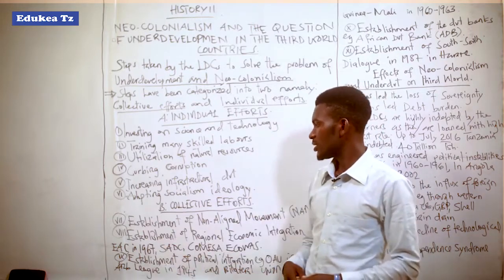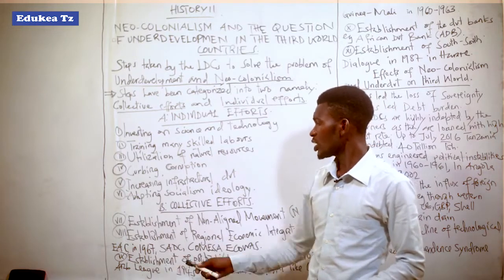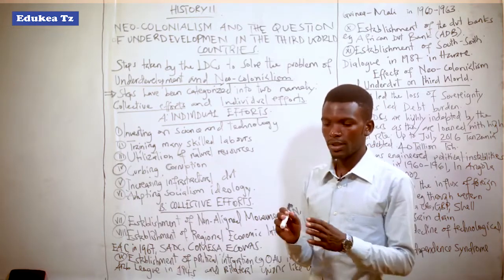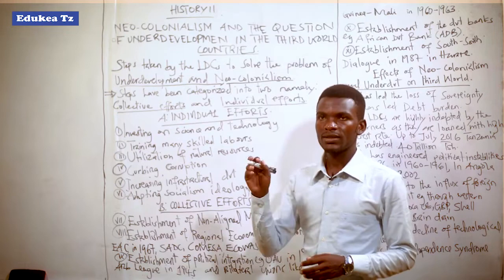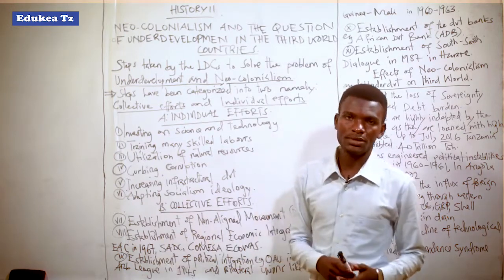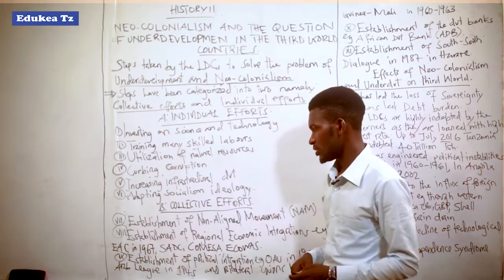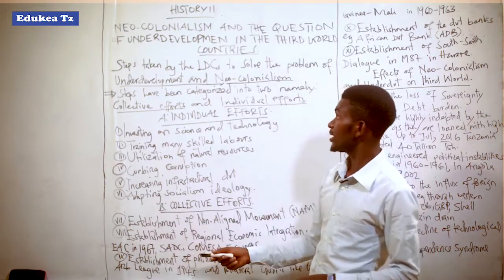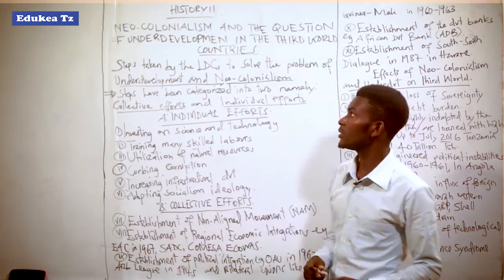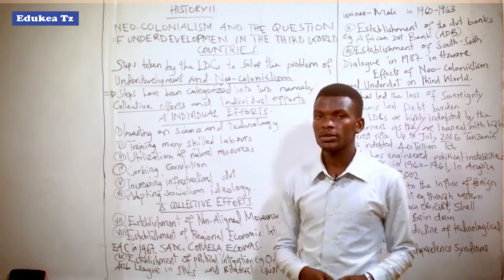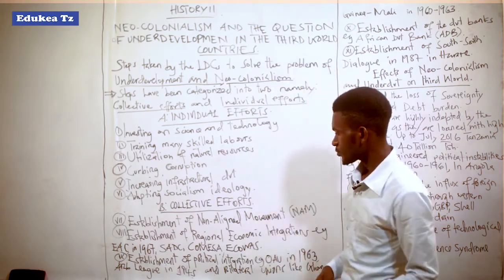In that way, they decided to stand in the middle, that they would never support capitalists or socialists, and their aim was to stabilize their economies so that they could escape the problem of underdevelopment and neo-colonialism.